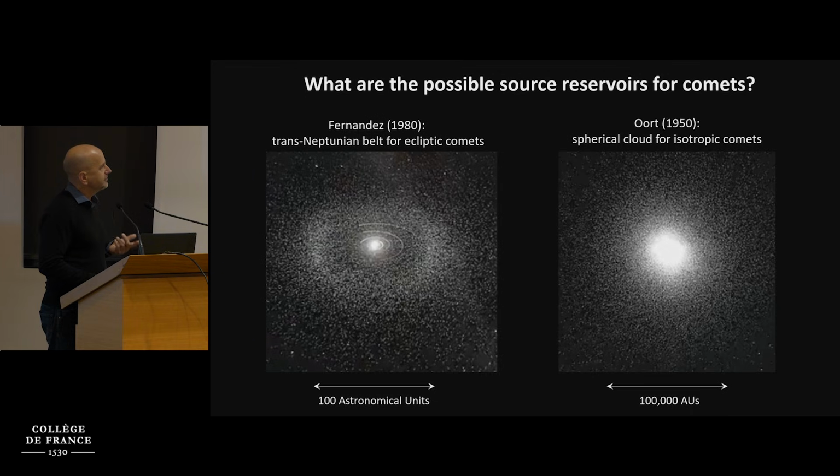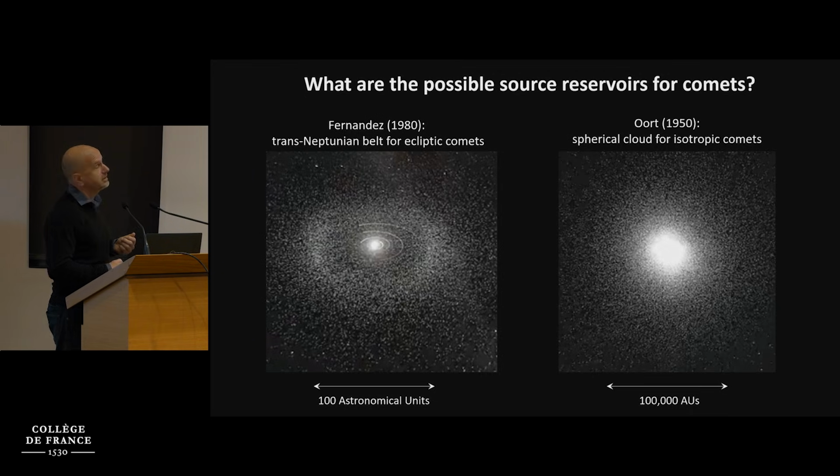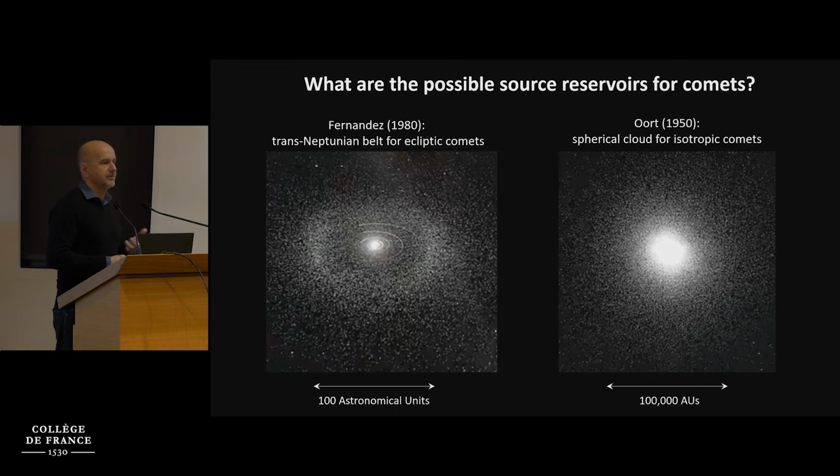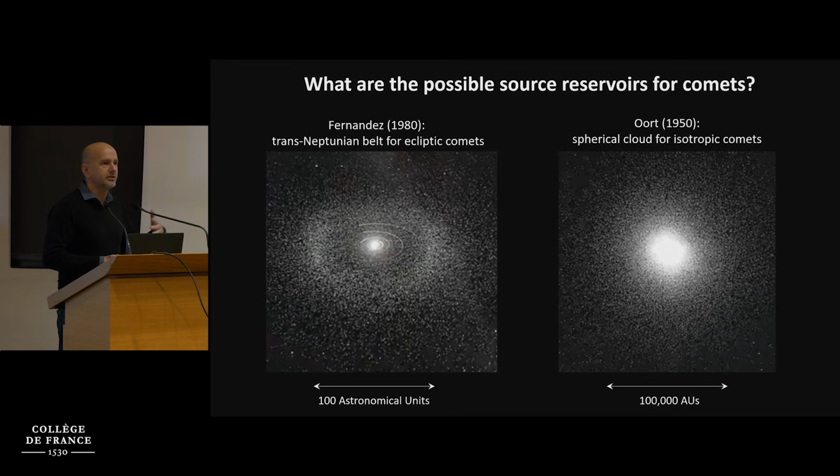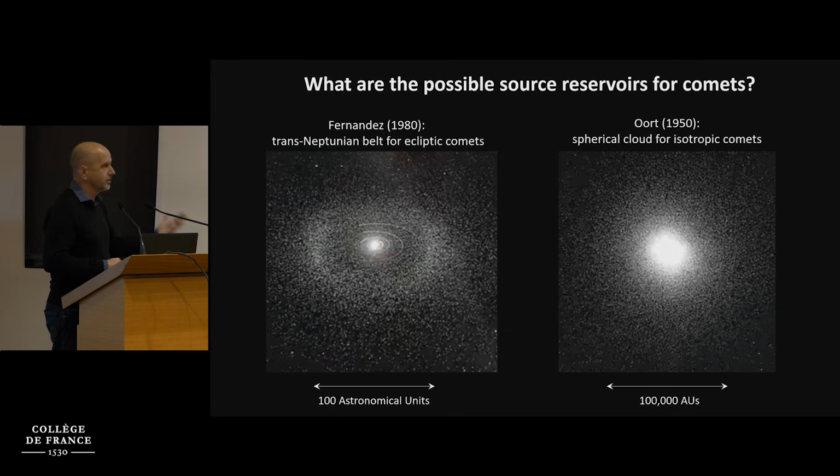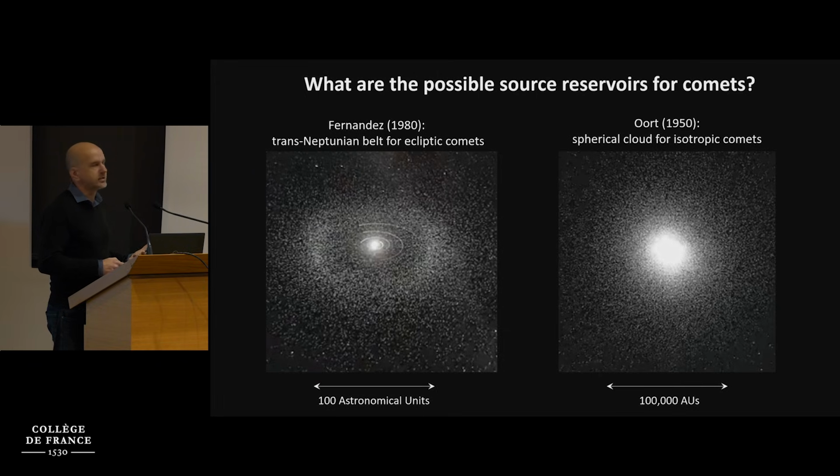We don't have to invent new things because already back in the 1980s, Julio Fernandez made the following proposal. He proposed that the ecliptic comets are coming from a flat belt beyond the orbit of Neptune, a trans-Neptunian belt, and that's why we have ecliptic comets.